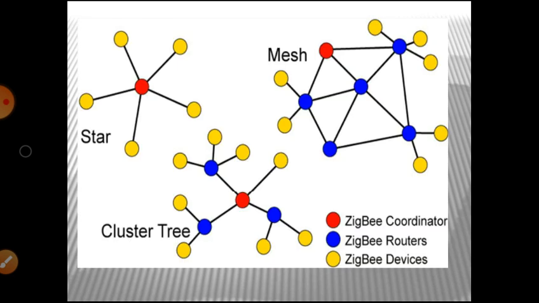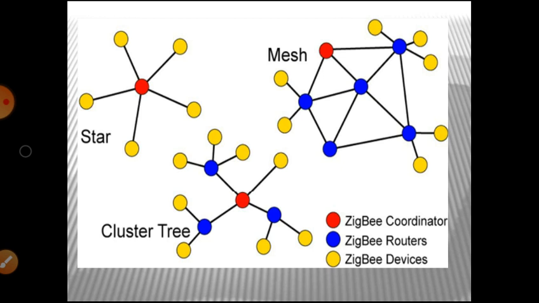You can see all types of topologies in this diagram. First, the red color shows ZigBee coordinator. The blue color shows ZigBee router and yellow color shows the ZigBee end devices.